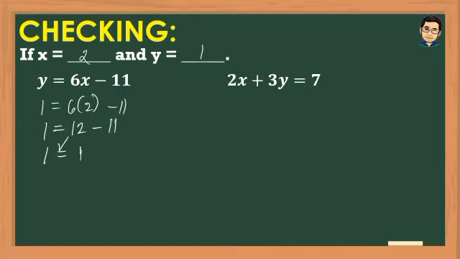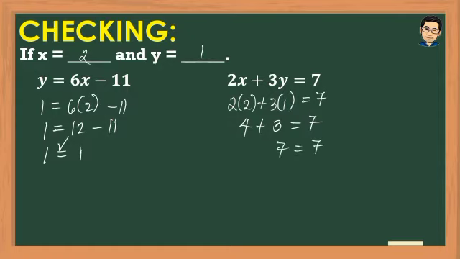And then on the second equation naman, so 2 times the value of x, 2, plus 3 times the value of y, that is 1, equals 7. So 2 times 2, that is 4, plus 3 times 1, 3, equals 7. So 4 plus 3, that is 7, equals 7. So true din po siya on the second equation. So ibig sabihin, our answer, 2 and 1 is correct.